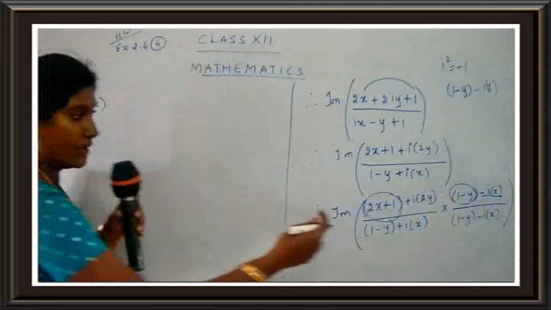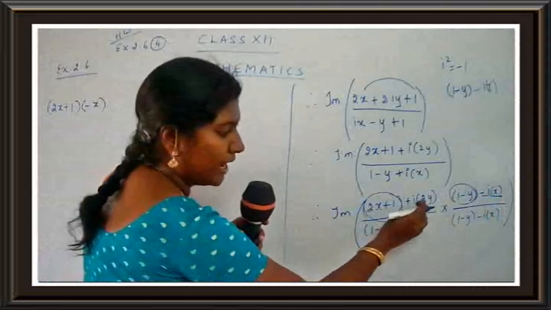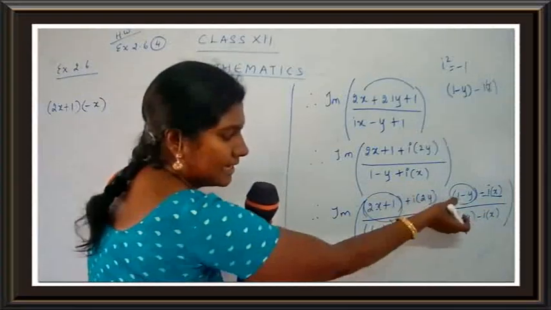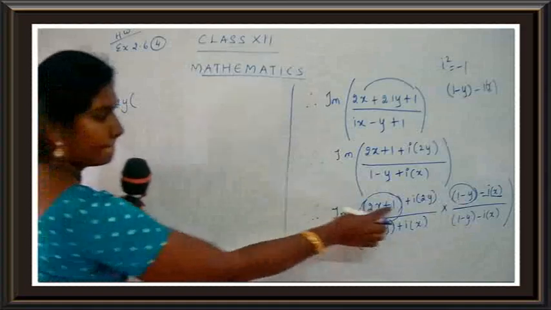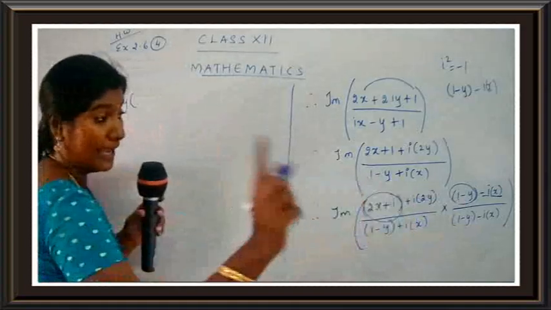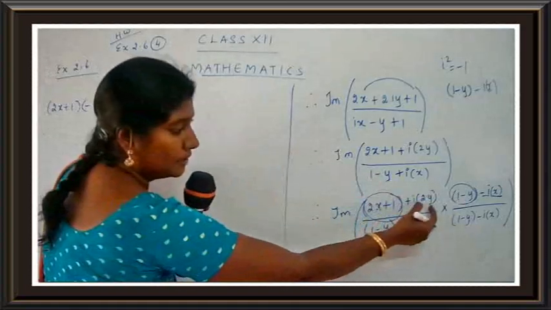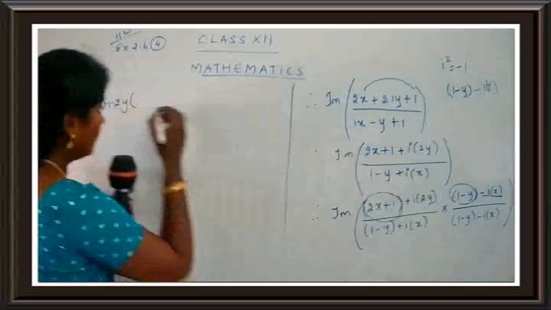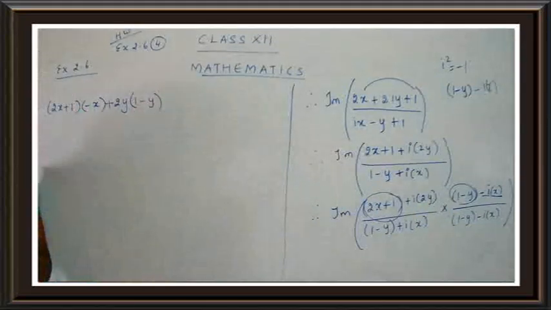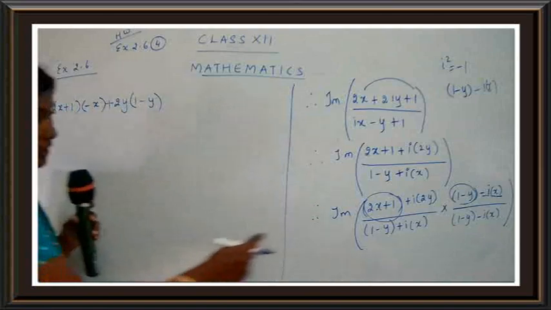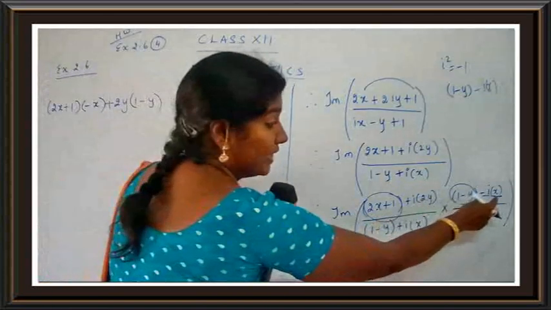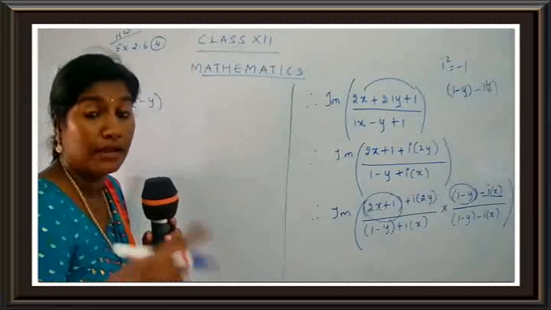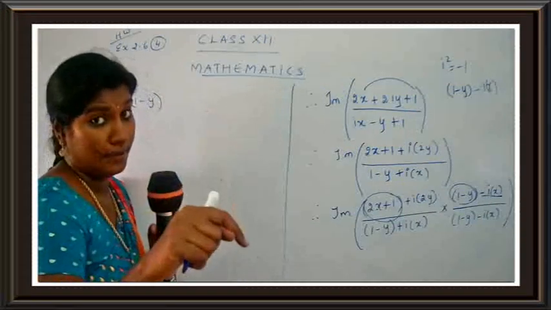Now let us go for the next one. See here, i 2y, 1 minus y. So i is there, so I'll write here plus 2y. I don't want to write i. Don't write i, just write the terms with it: 2y, 1 minus y. And see here, if I take i into 2y, i into x, what will happen? i into i means it will turn to be minus 1.